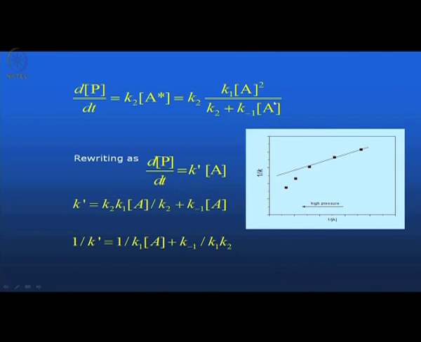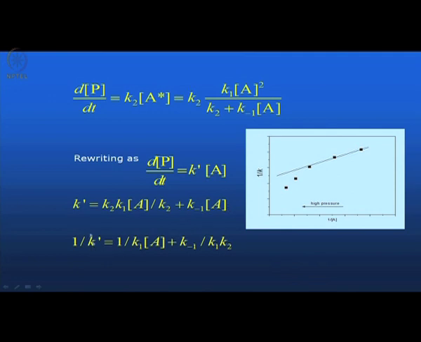So the remaining term is K2 K1 A divided by K2 plus K minus 1 A. There should be a bracket over here, it is a typo: K2 plus K minus 1 A, these two terms should be within a bracket.